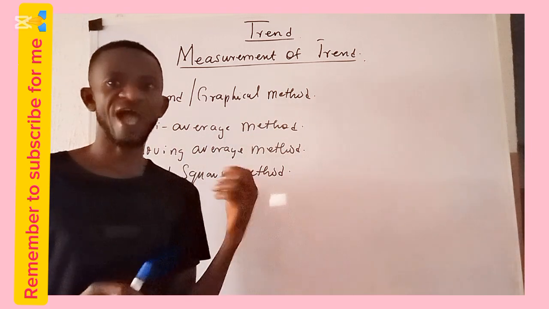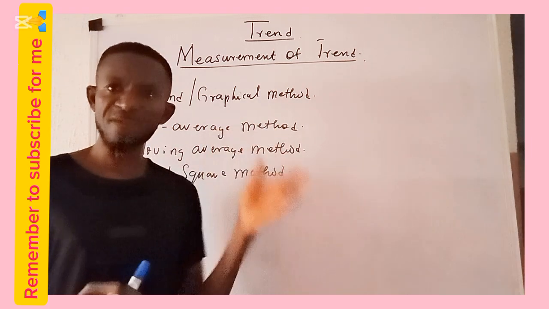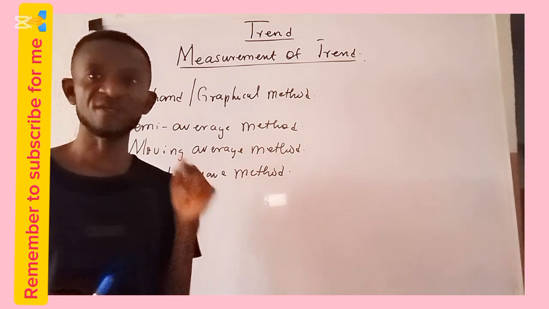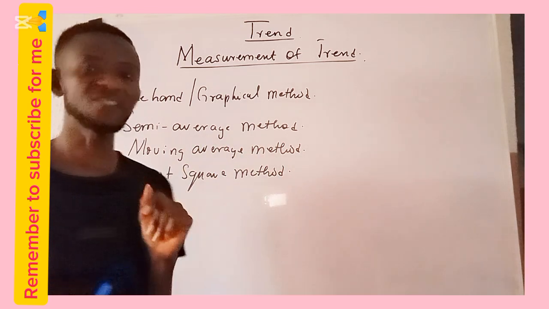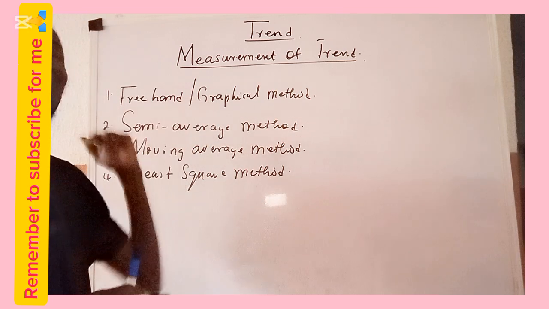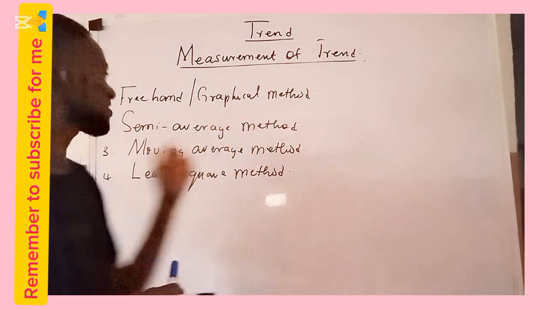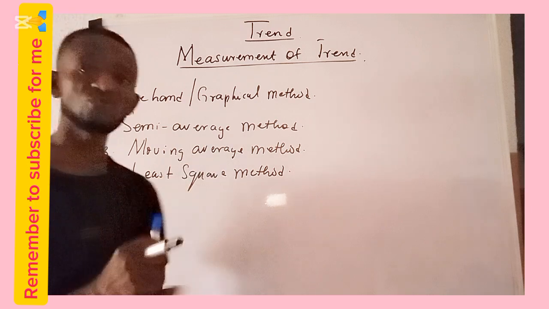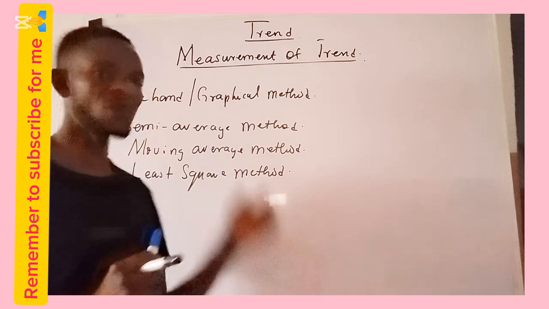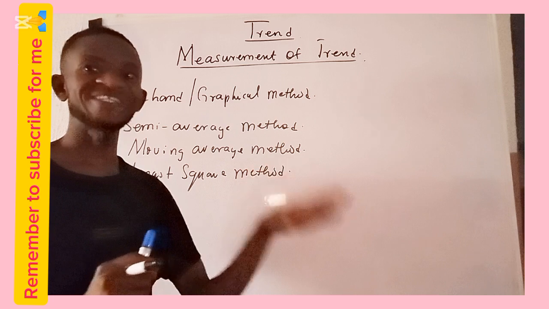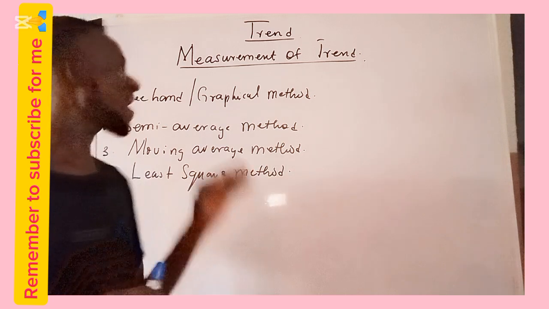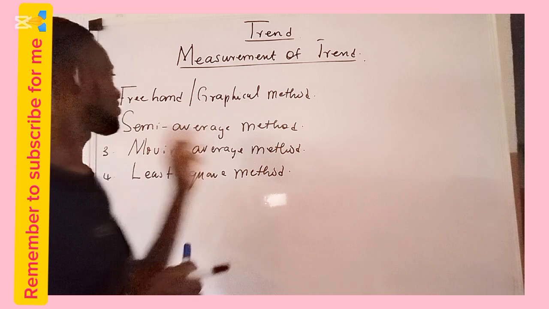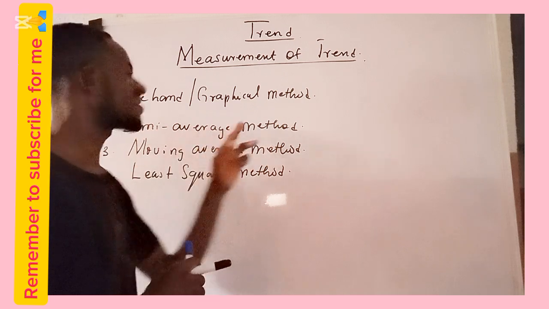So in case you are asked to enumerate methods or ways through which we can measure trend in time series analysis, you talk about the freehand, the semi-average method, the moving average method, and the least square method. But we want to take them one after the other and discuss them. So today we are looking at the freehand or graphical method. We are equally going to look at the semi-average method.